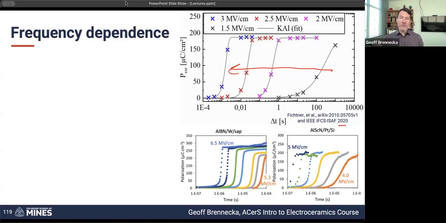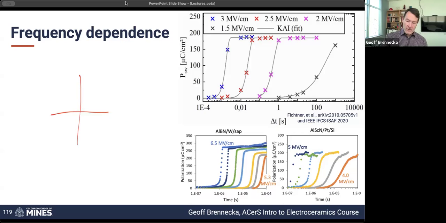These kinds of measurements are not quite as simple as they look, because it's really easy to get artifacts from your measurement apparatus if you're going really, really fast. But what I want you to take away from it is, now let's stop and think about what this kind of scenario would look like for just a hysteresis loop.